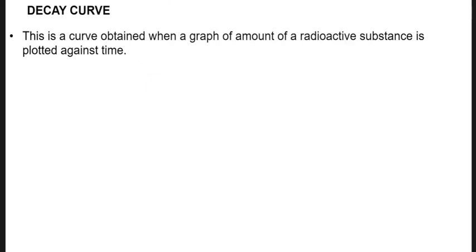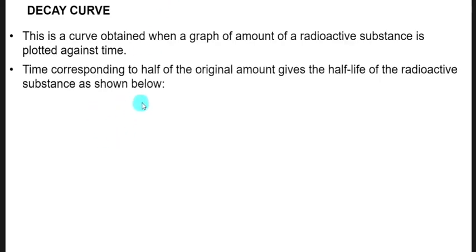Alright, so the time corresponding to half of the original amount gives the half-life of the radioactive substance, as shown below. This sentence cannot make sense unless I draw the graph.